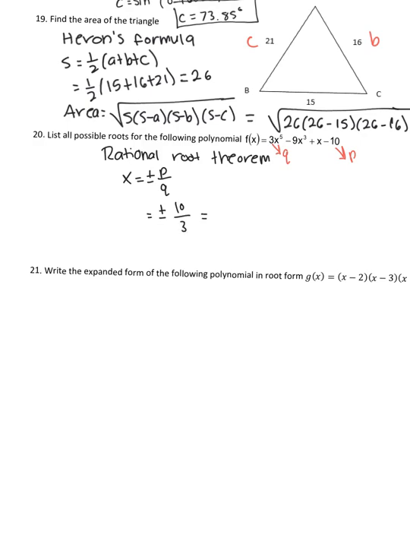Now, you are not going to simplify this as a fraction. You're going to list out all of the potential factors for that number. On the top of the fraction, I'm going to list out the factors of 10. So we've got 1, 2, 5, and 10. On the bottom, I'm going to list the factors of 3, which are 1 and 3.